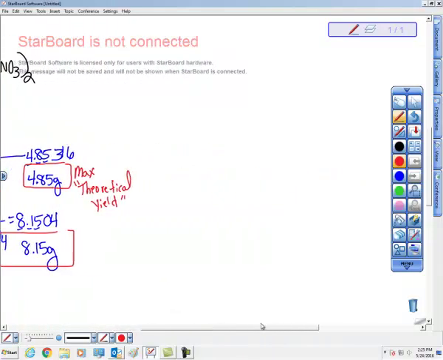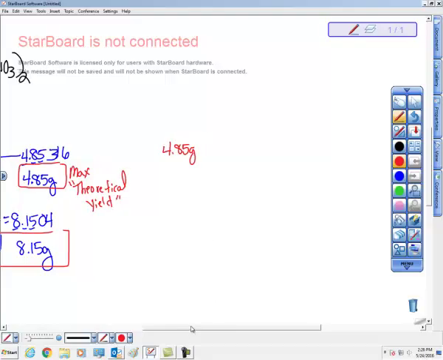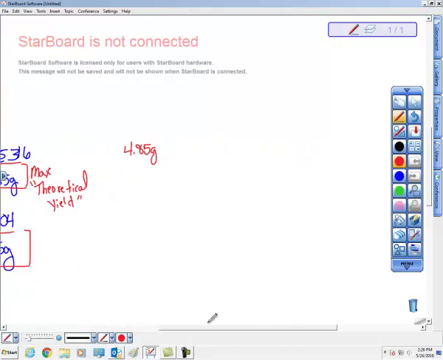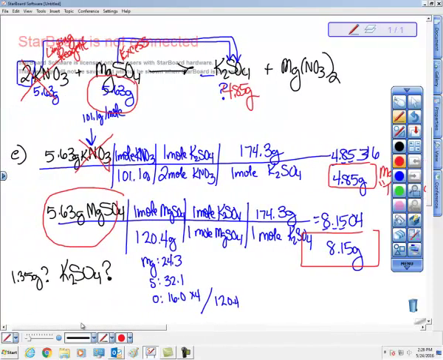Alright, so what I'm going to do is I'm going to start with the 4.85 grams of my theoretical yield for my K2SO4. And I am going to calculate how much of the MgSO4 I use, because I use some of it, but not all of it.